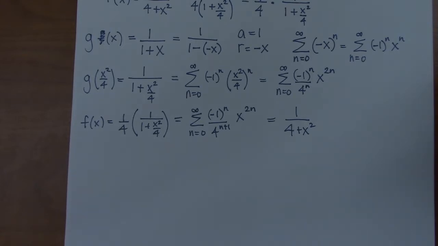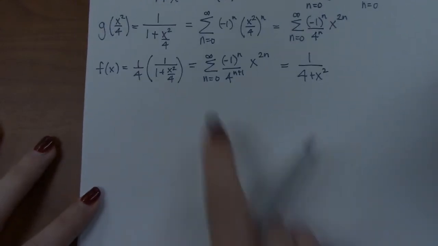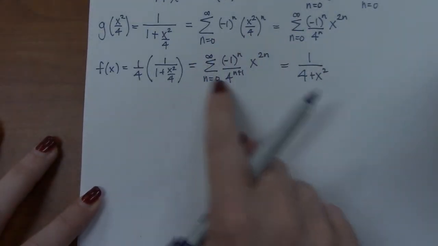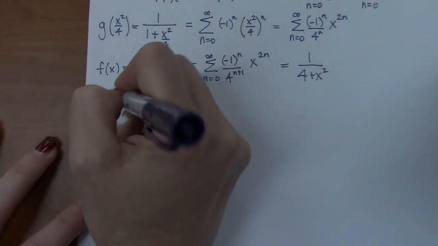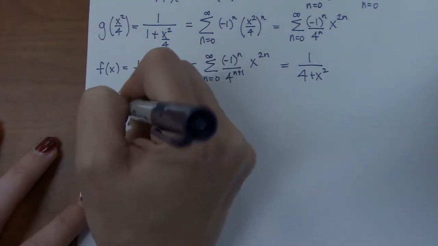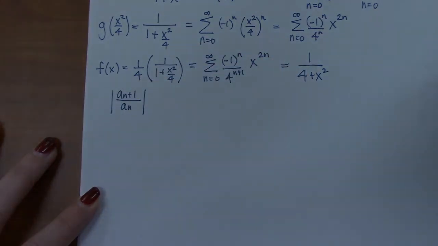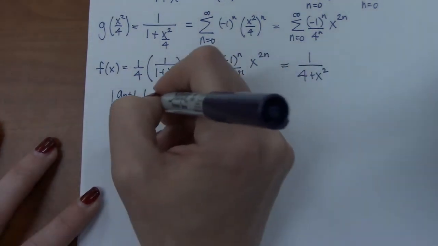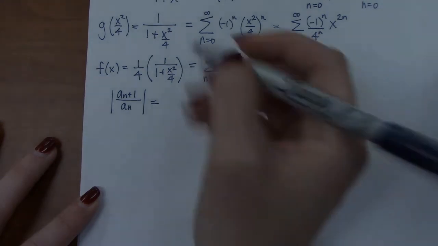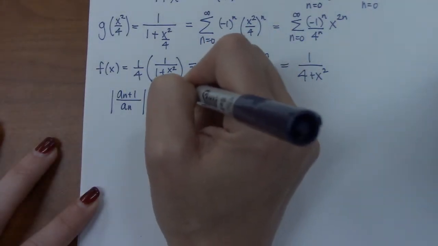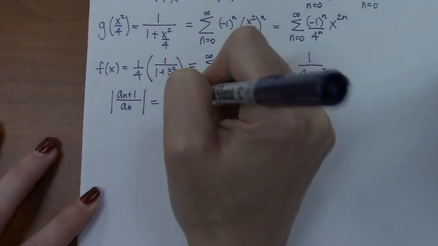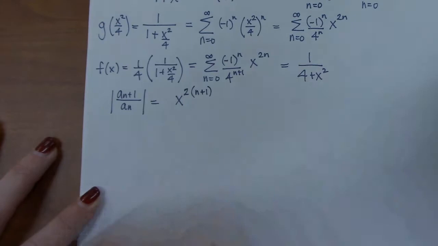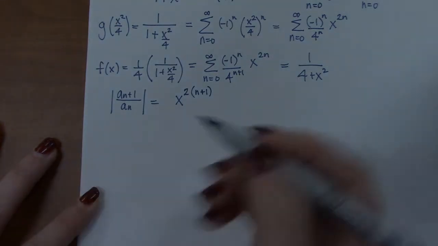So if we want to find the interval of convergence, that means we have to perform the ratio test on this guy. The ratio test says take the absolute value of the n plus 1 term over the nth term. So the negative 1 of the stuff will go away. So I'll get x to the, and now this is where you've got to be careful, this is 2 times n plus 1 when you plug it in.